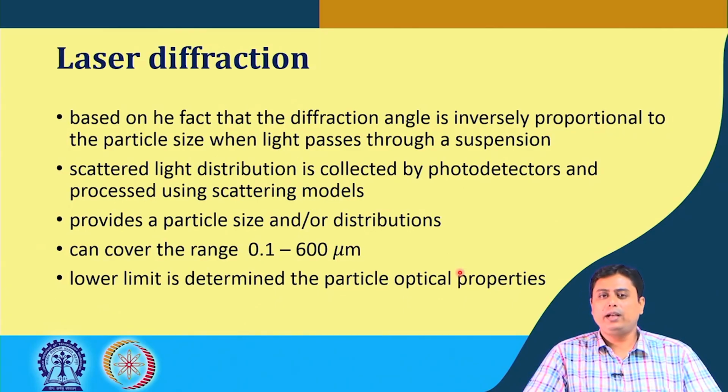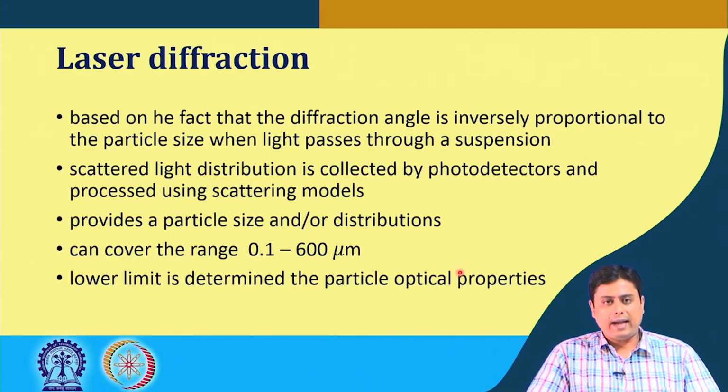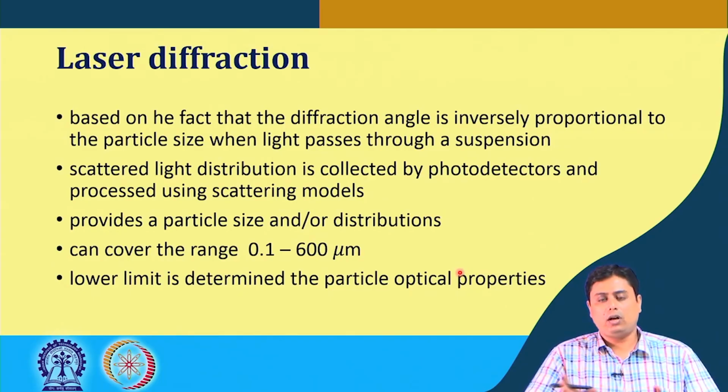If the particle optical property does not change for your particle, you can even go beyond that particle size, but in some cases even a 0.1 micron particle and, let us say, a 1 micron particle will have different optical properties. So, in that case you cannot go beyond that limit, after which the optical property of that particle changes.